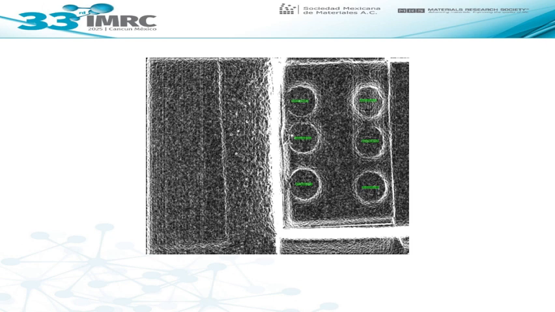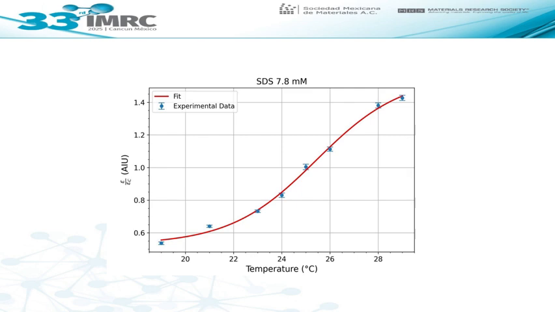Now, our results. For the first stage, we generate this graph, temperature versus relative emissivity, where the blue scattered dots are experimental measures and the red solid line is a curve fit to the experimental measures.